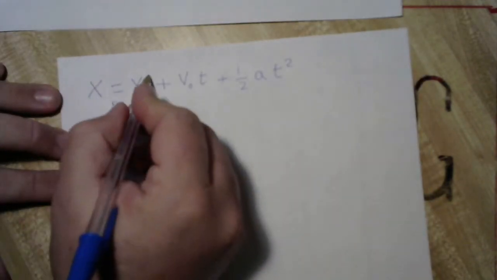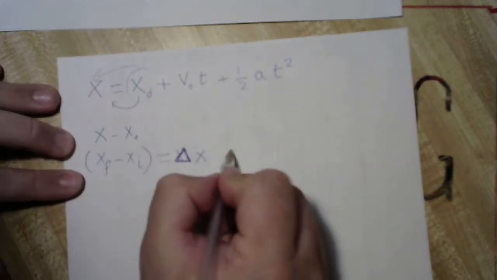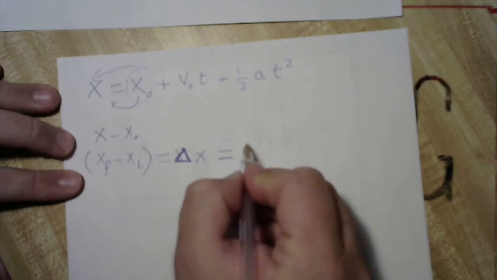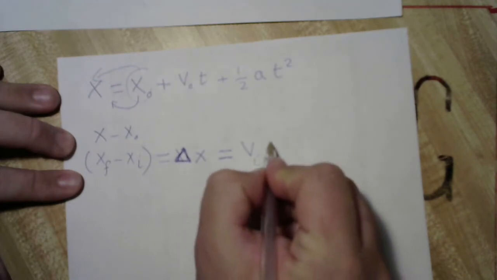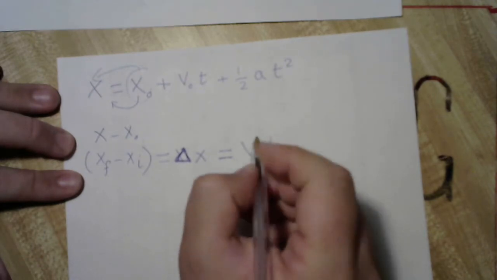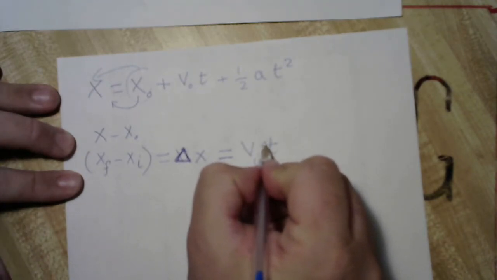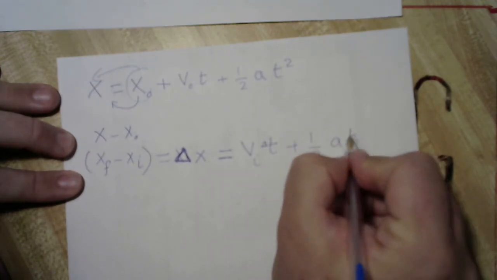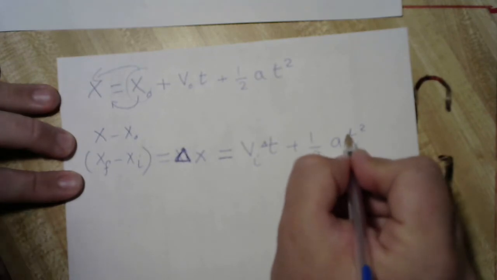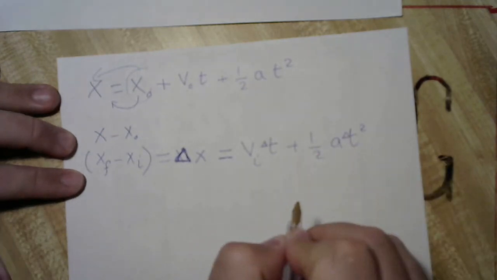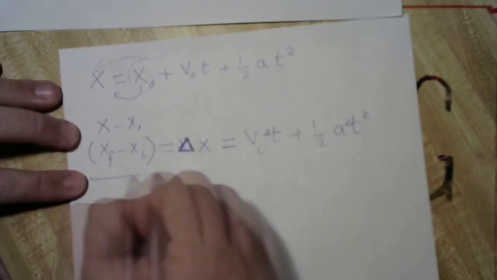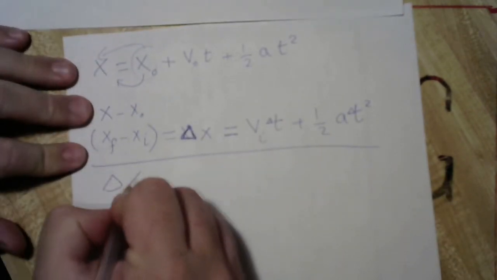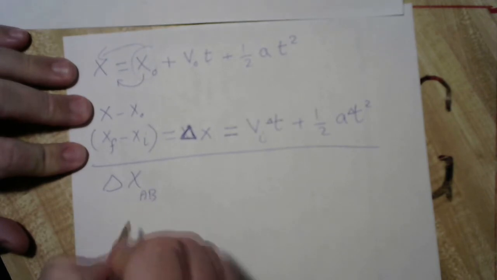Delta x is equal to v0, which is v initial, multiplied by the time period, which I can call delta t, plus half a delta t squared, the change in time squared.